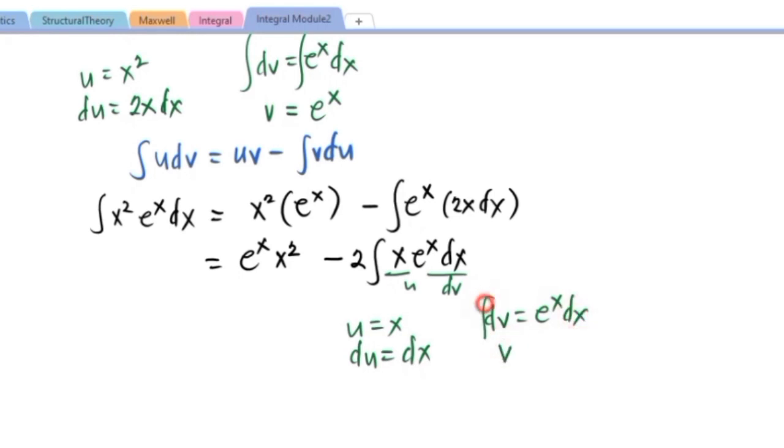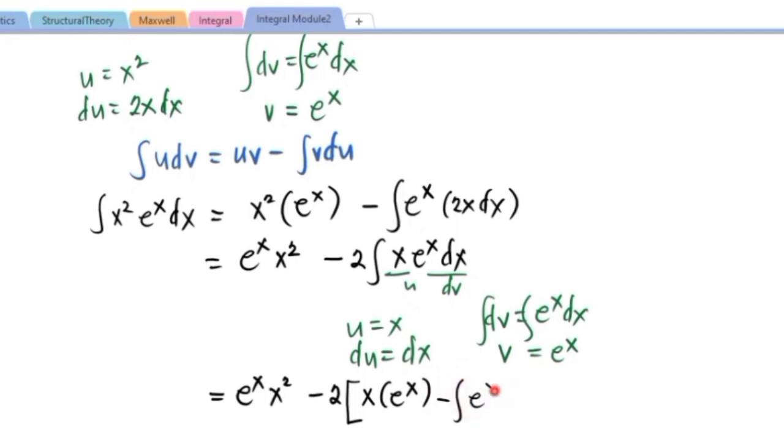So taking the integral, we have v is equal to e to the x. So we have e raised to x multiplied by x squared minus 2 multiplied by uv minus integral of v du. So your u is x and your v is e to the x minus the integral of v du, so that's e to the x, your du is dx.